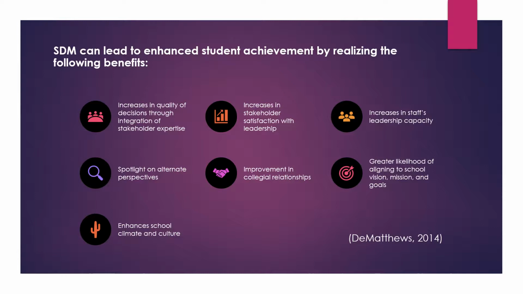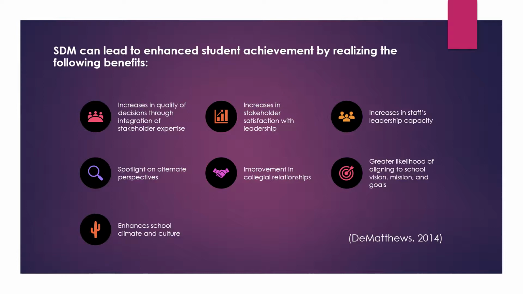First, decisions that come from a collaborative model are more likely to be of higher quality. This stems from an increased bank of knowledge and expertise as we place a spotlight on alternative perspectives. That is, each team member brings something unique and important to the decision-making table. In turn, this often leads to increases in stakeholder satisfaction with school leaders.